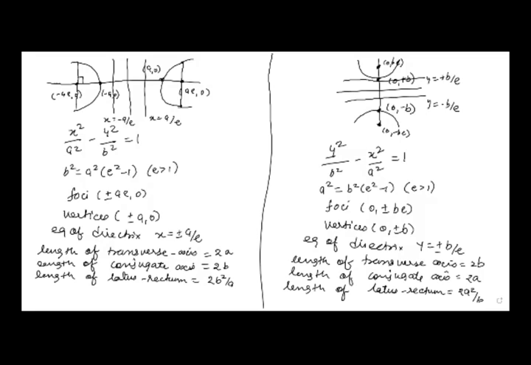Right, here also we will have this latus rectum, and one more will be over here. So the latus rectum is a line segment perpendicular to the transverse axis and passing through the focus.